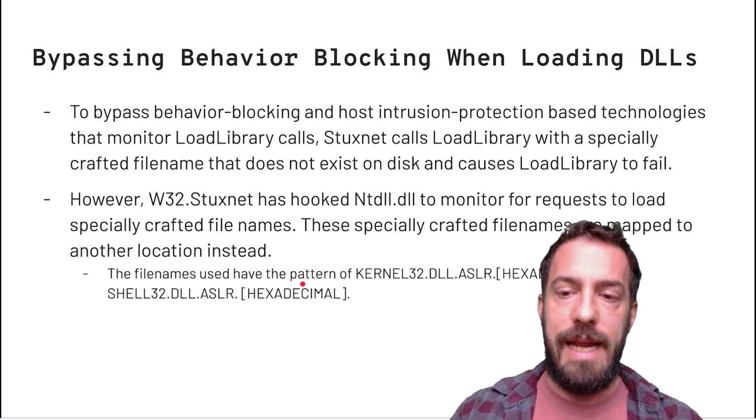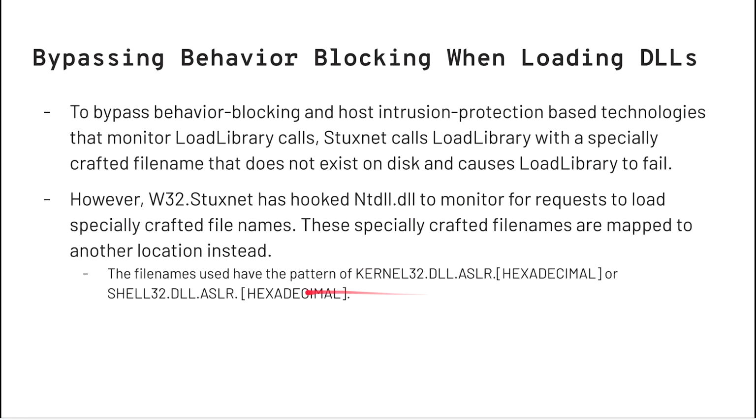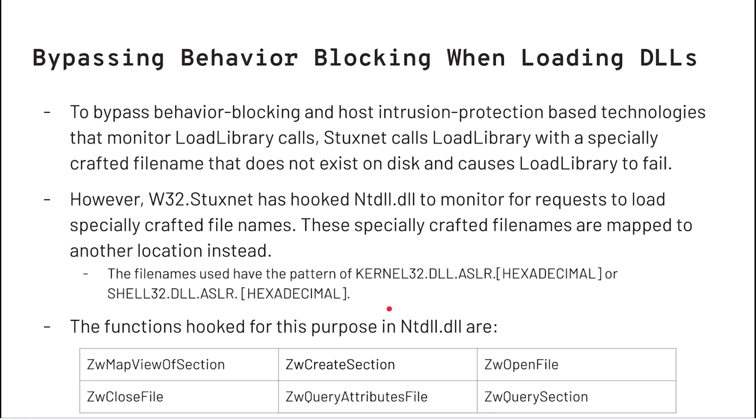These specially crafted file names would have this pattern, kernel32.dll.ASLR and some hex value, same with shell32. They look like legitimate system files. And the function hooked within that DLL to monitor the request would be the open file, as we just said, or the close file, and 4 more functions in that dynamically linked library.